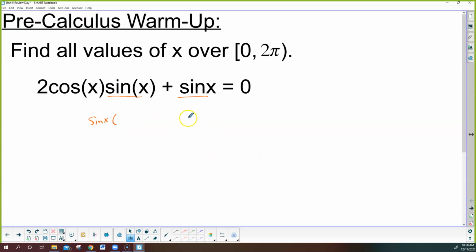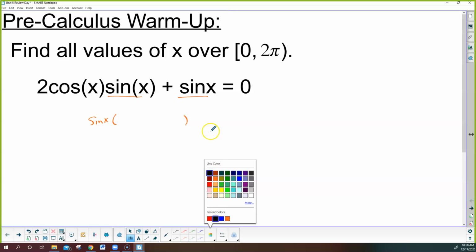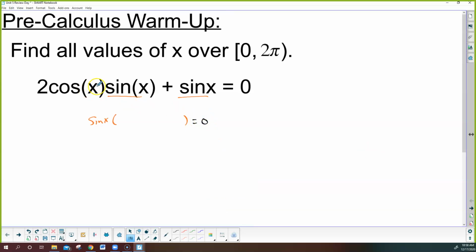So what I would do is factor out that sine first. If I take a sine away from the first part, I'm left with 2 cosine of x. Plus, if I take a sine away from sine, I'm left with 1. Think of it just as the reverse distributive property. That's definitely a skill that they expect you to recognize and be able to use.